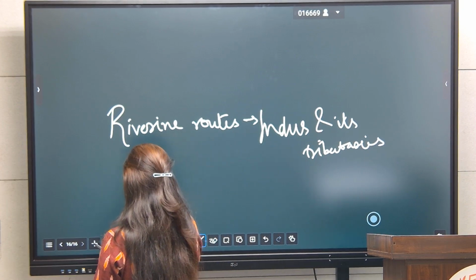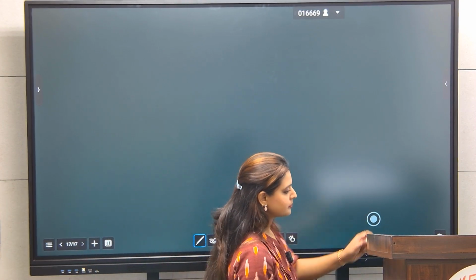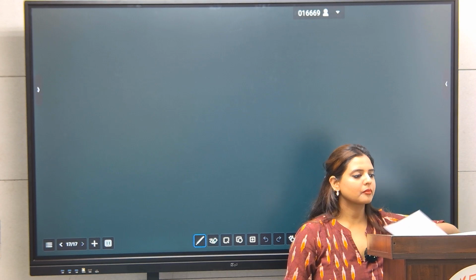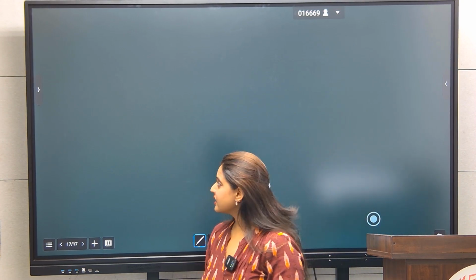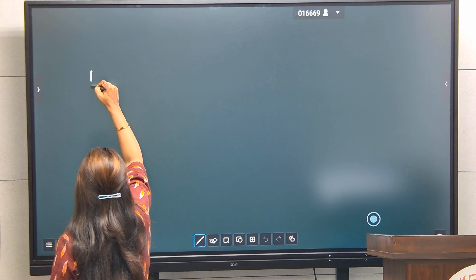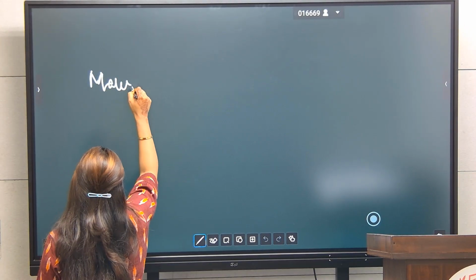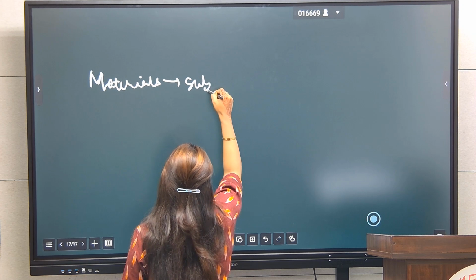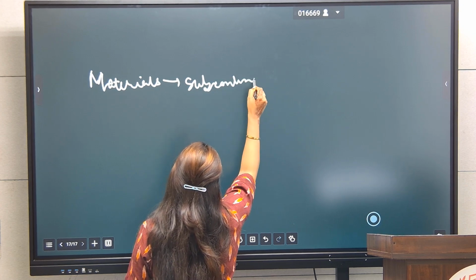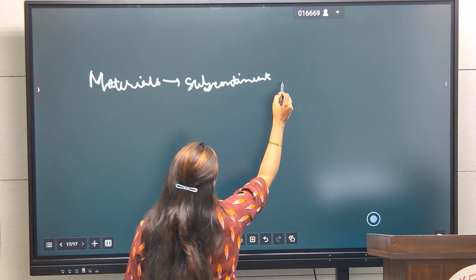They were procured from other places also. Materials that were bought from the subcontinent and beyond.